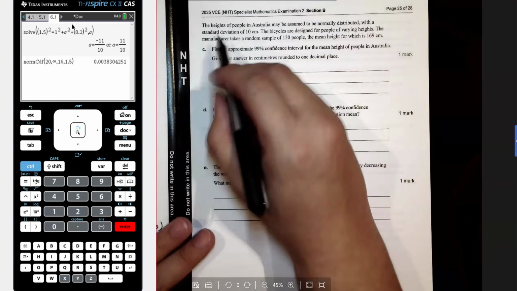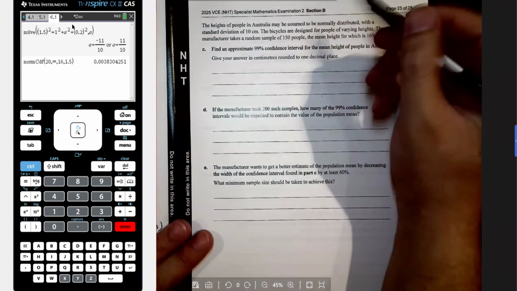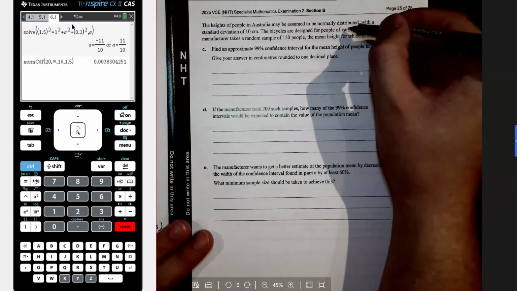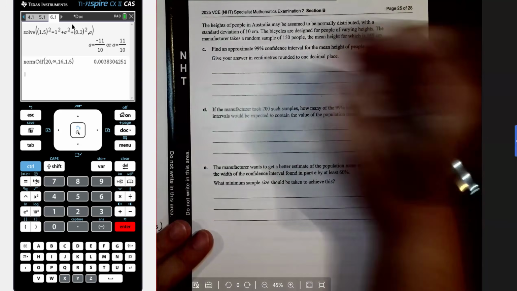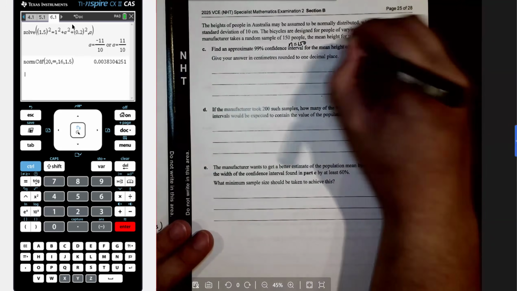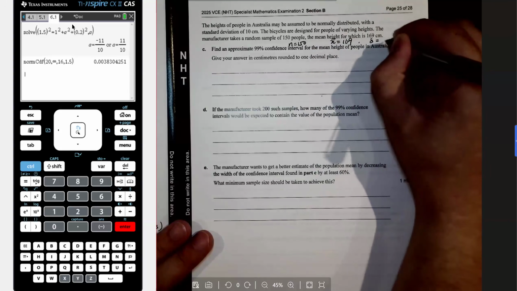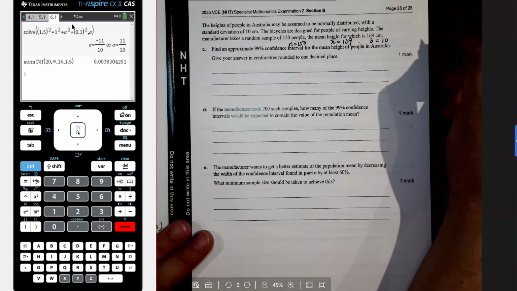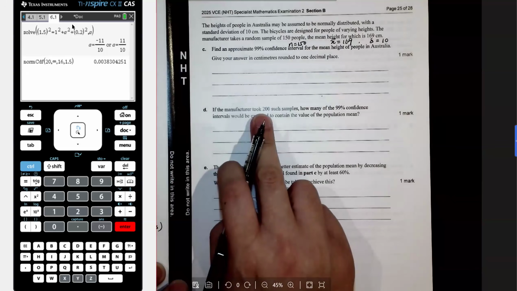The heights of people in Australia may be assumed to be normally distributed with a standard deviation of 10. The bicycles are designed for people of varying heights. The manufacturer takes a random sample of 150 people. n equals 150, mean height x bar is 169, and sigma equals 10. That's the population standard deviation. 99% confidence interval, 200 such samples.